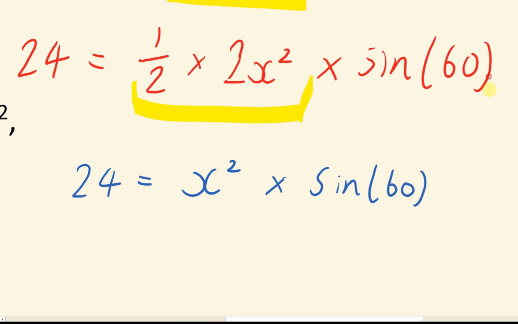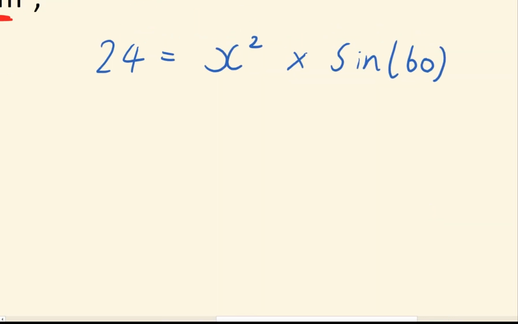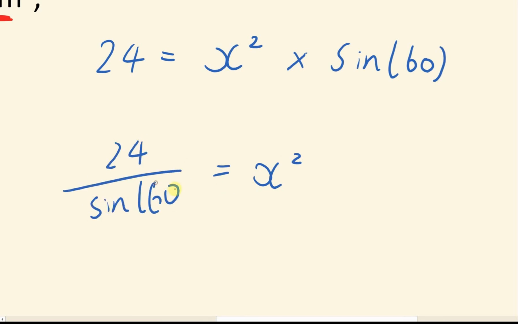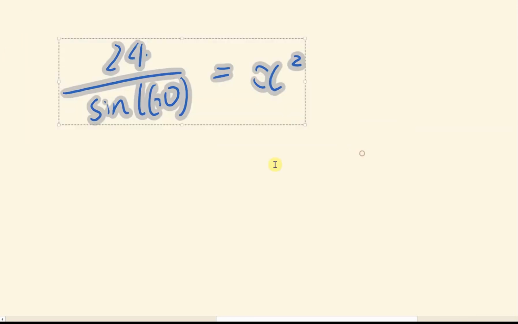times sine 60. So whenever x appears more than once, it really helps you do some algebra first to get, in this case, x squared by itself instead. Now, to get x squared by itself, opposite of timesing by sine 60 is going to be divided by it. That will give us x squared. But we don't want x squared. We want x by itself.